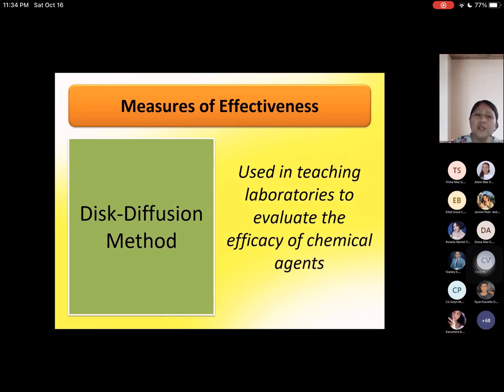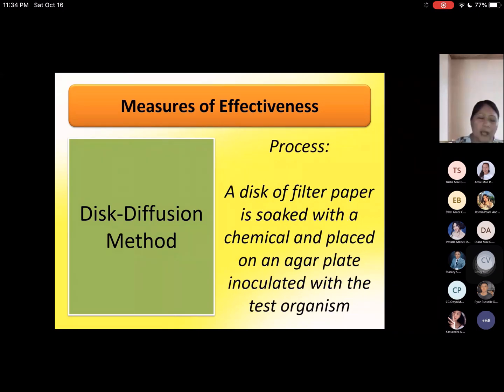We also use the disc diffusion method. This is used in teaching laboratories to evaluate the efficacy of chemical agents, so it is also included in the video presentation.